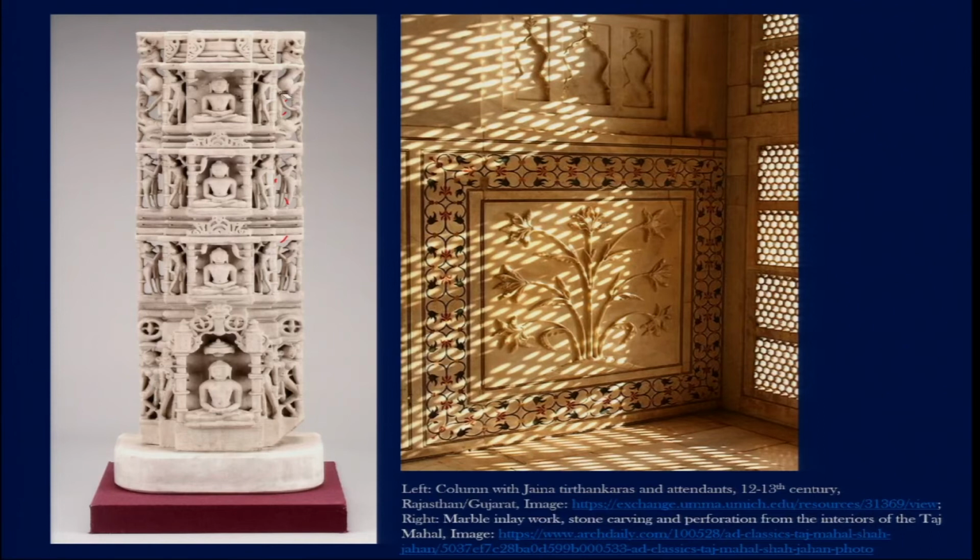So, this is another degree of making relief carving, and this particular idea of perforation was already present in the 12th-13th century, and then we see it appear in a very different context when we see how perforation in marble was incorporated in some of the Mughal monuments, for example the Taj Mahal.